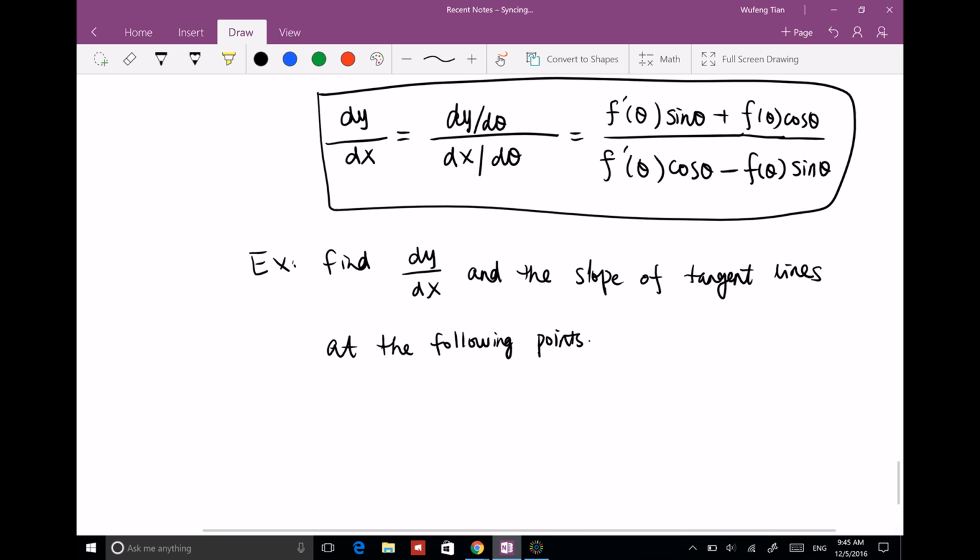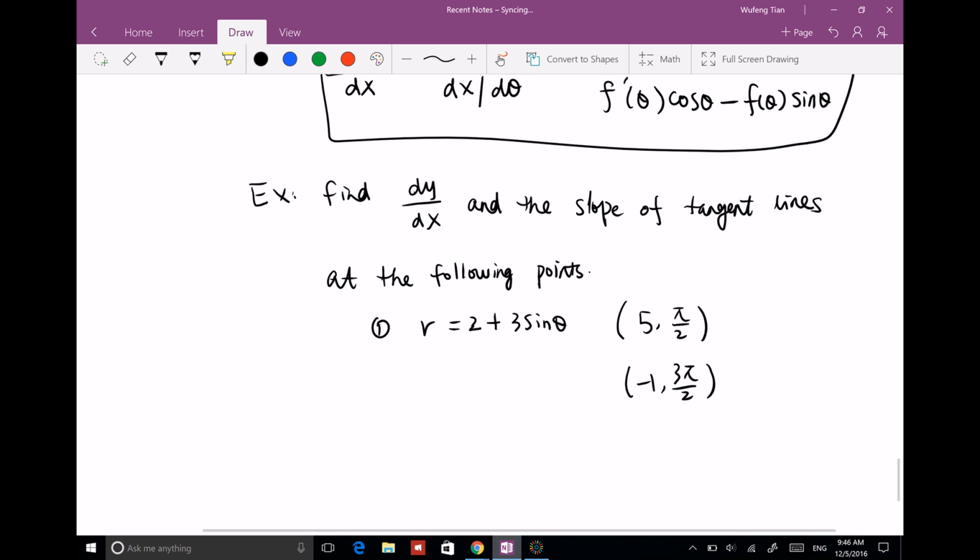So first example, first one, given r equals 2 plus 3 sine theta, at theta equals pi over 2, and the next, 3 pi over 2.